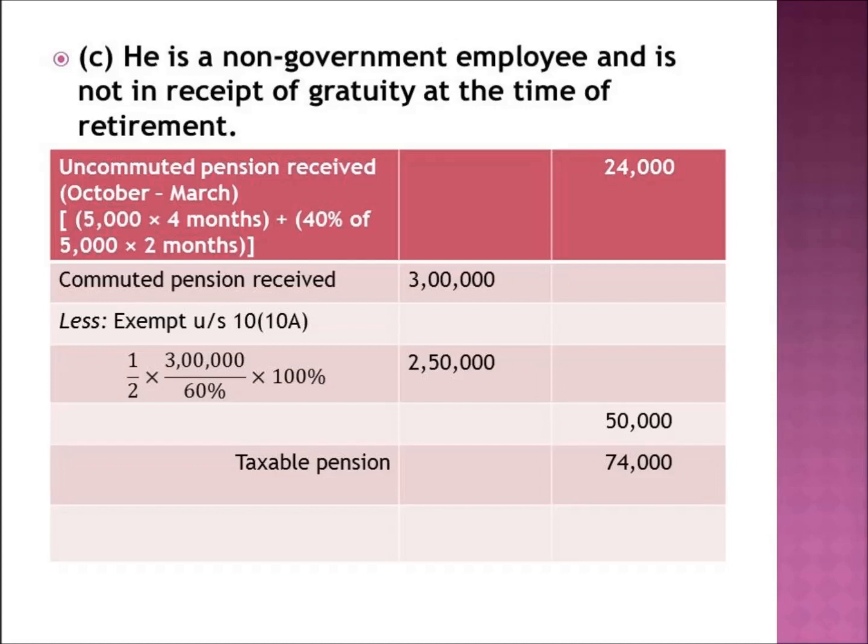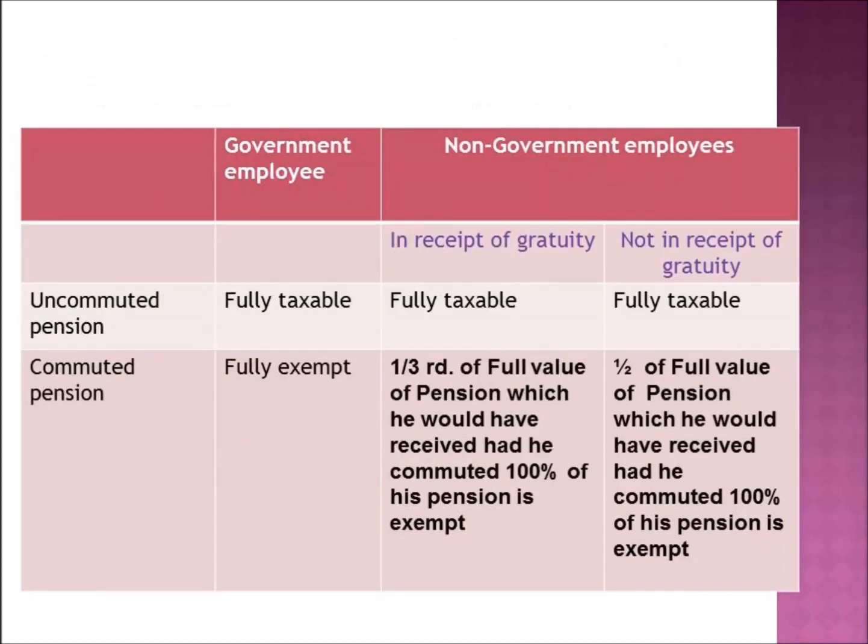After doing this problem covering all the 3 types of employees who are receiving commuted as well as uncommuted pension, now let us summarize that problem into this table so that it is easier to remember things. In this table, we have divided employees into government employees and non-government employees, and we have divided pension into uncommuted pension and commuted pension.